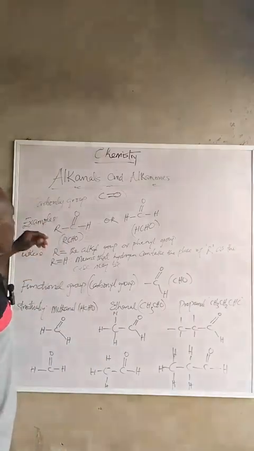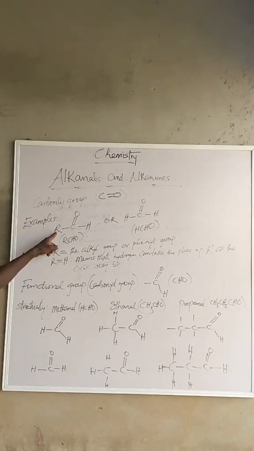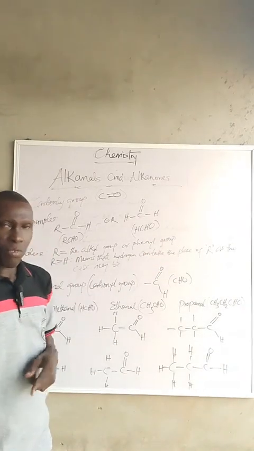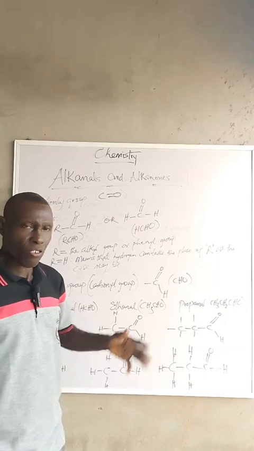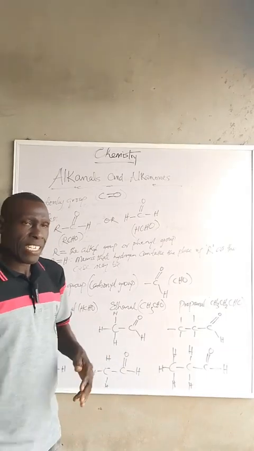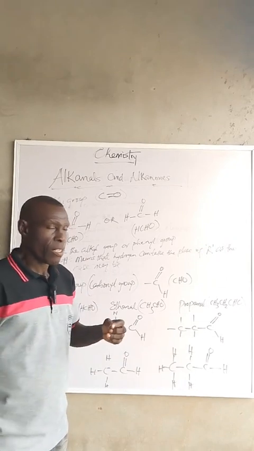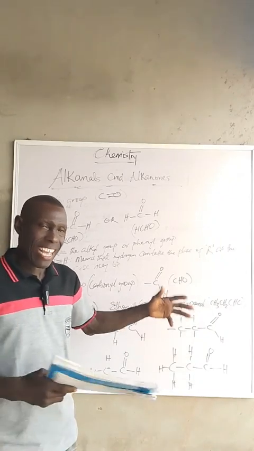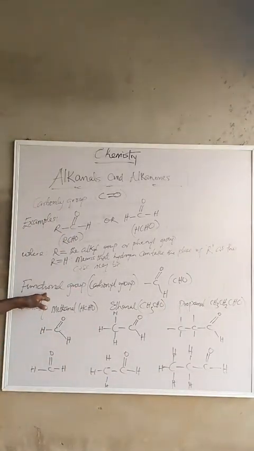If it is an alkanal or aldehyde, the R, which is the alkyl group or the phenyl group, is attached to one end of the organic molecule, and the other end contains a hydrogen atom. But in the case of alkanones, as we shall see next time, both ends, both terminals, contain other alkyl groups or phenyl groups.